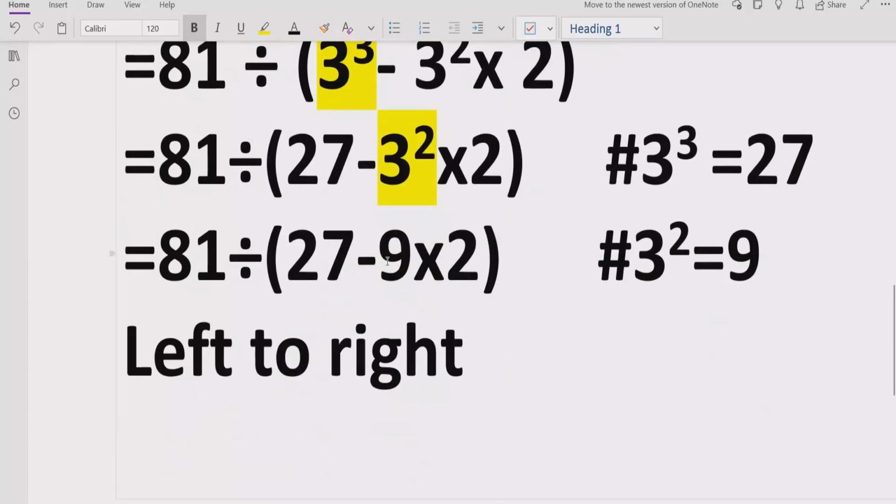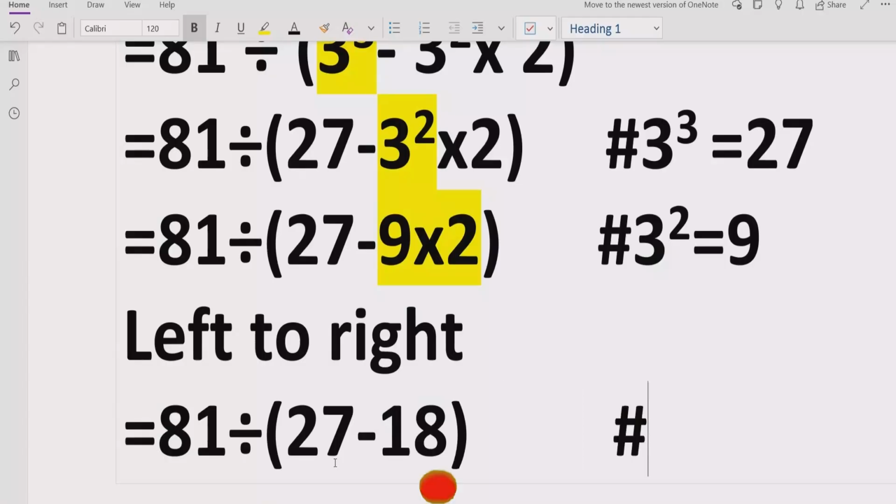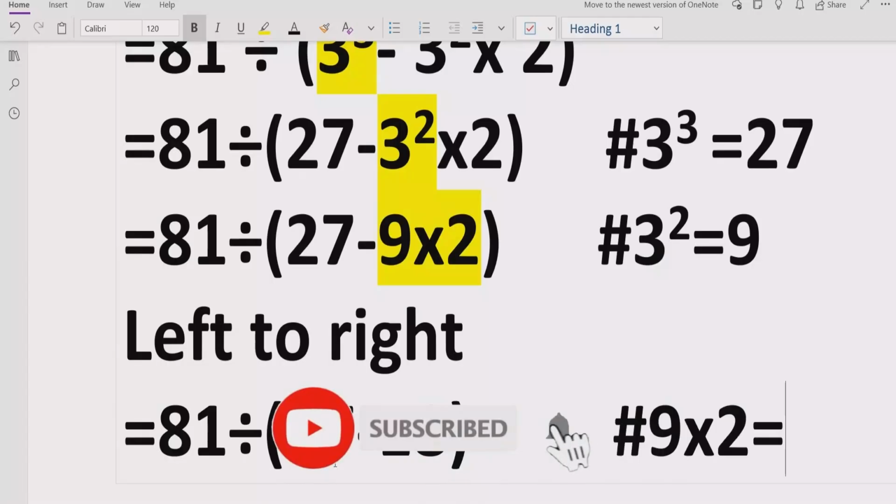So first we have to solve this multiplication, although it is coming last, because of the bracket sign. That's why we are solving 9 multiplied by 2, which equals 18.